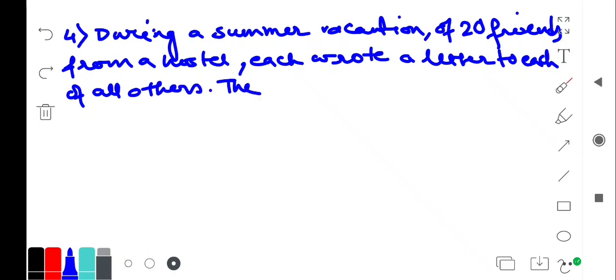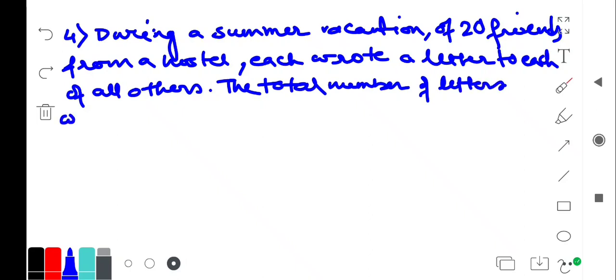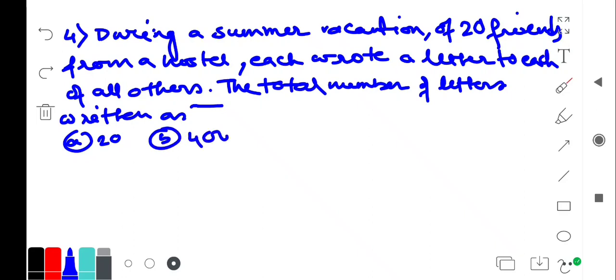The total number of letters written is: A 20, B 400, C 200, D 380.